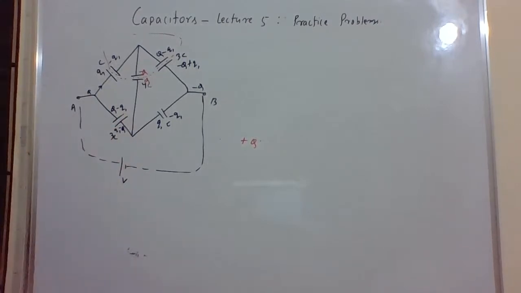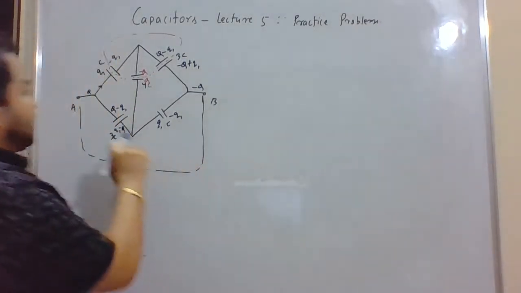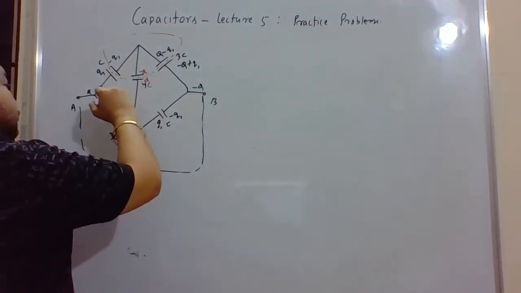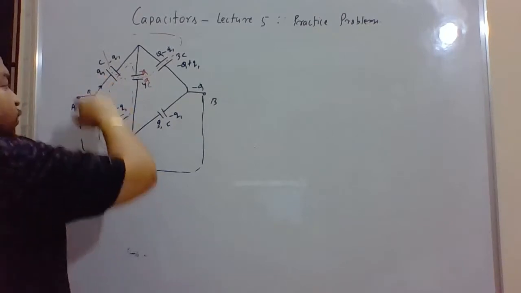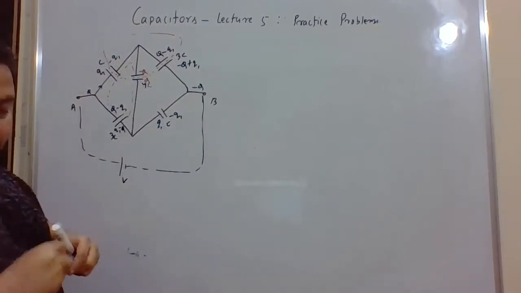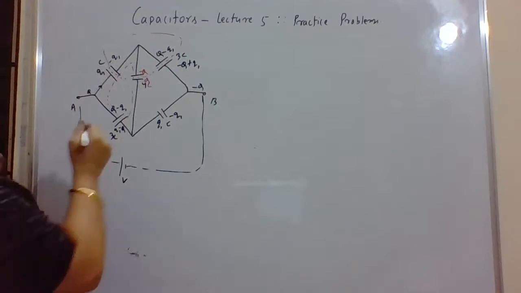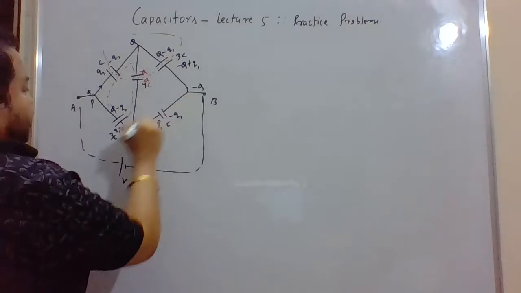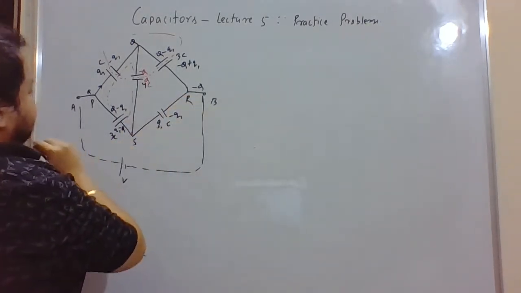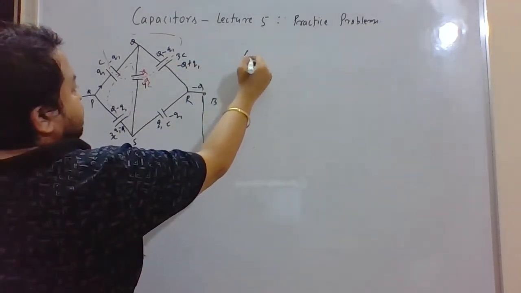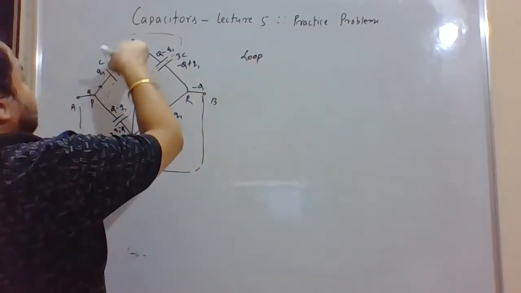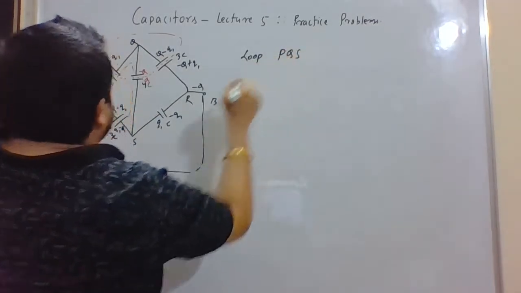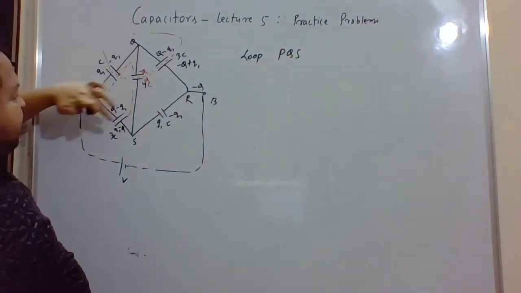Once we have completed the charge distribution, we'll go to the next point: let us choose any one loop. Suppose I want to choose this loop and go in the clockwise direction. This is point P, this was point Q, this is point R, this is point S. I'm choosing the loop PQS.